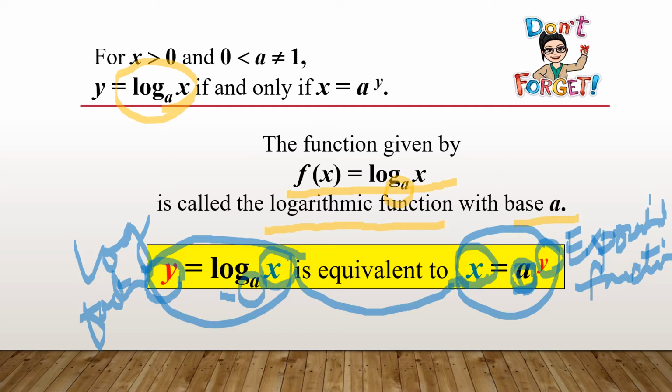Meaning to say, logarithm is also exponent. When you think of logarithm of a number, this is referring to exponent also. So logarithmic function is the inverse of exponential function.